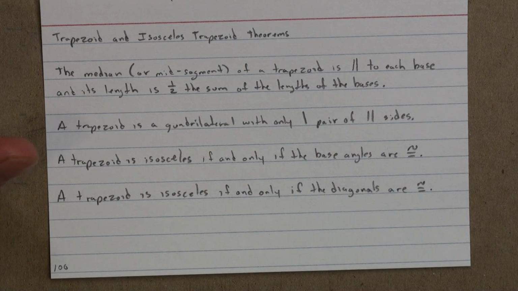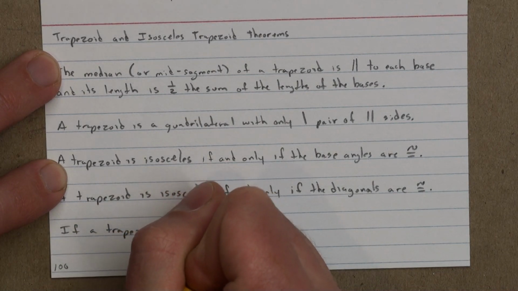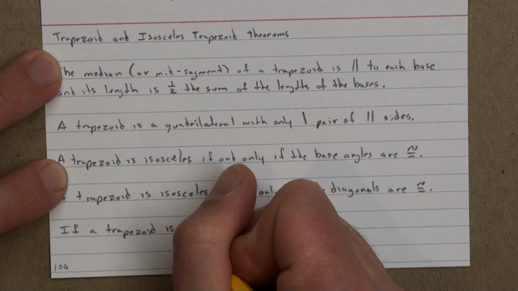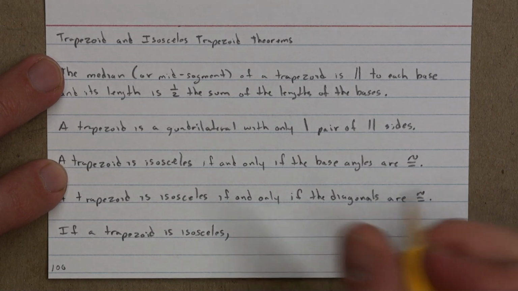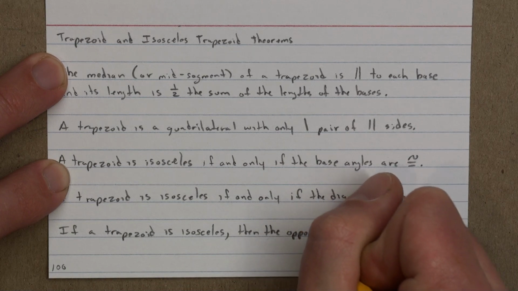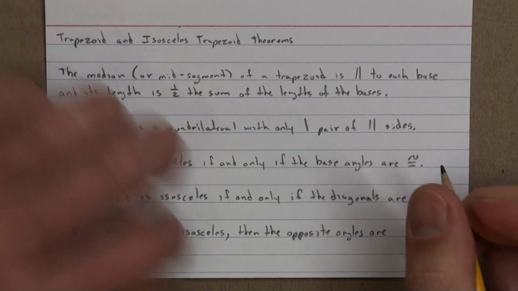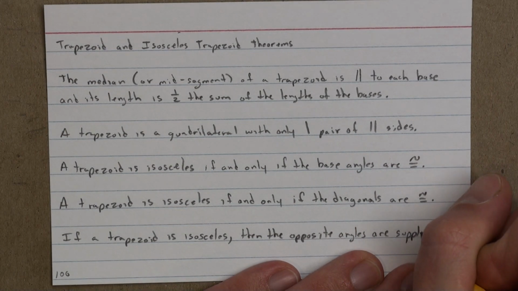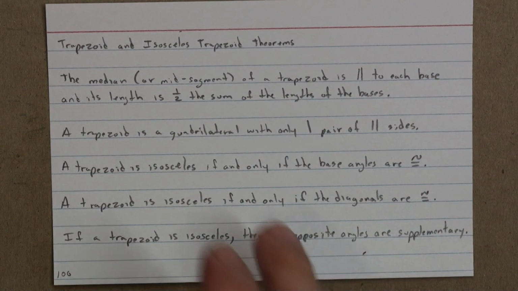And if a trapezoid is isosceles, the opposite angles are supplementary. Okay? So, we're done with our discussion on quadrilaterals.